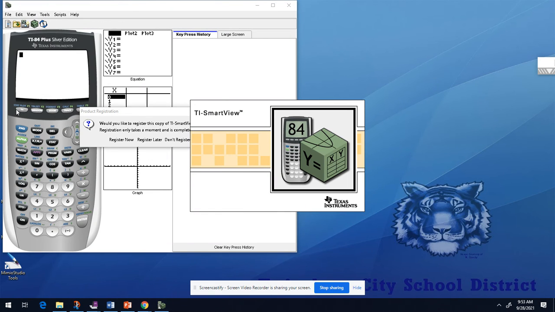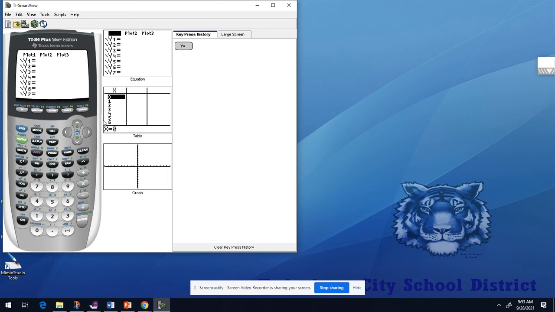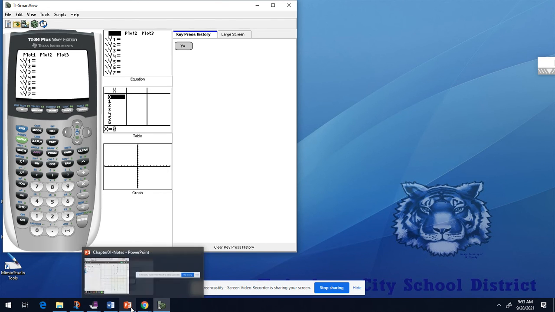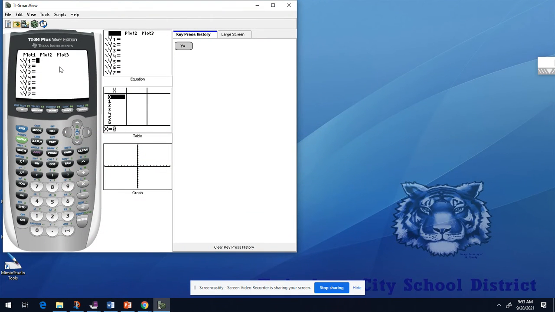So again, to graph these things, you got to go into y equals, okay, and make sure that it's solved for y. So for this problem right here, 2 minus 2x, I would put in 2 minus 2x, but I need to get the cursor over to this right here, and I want to change that.